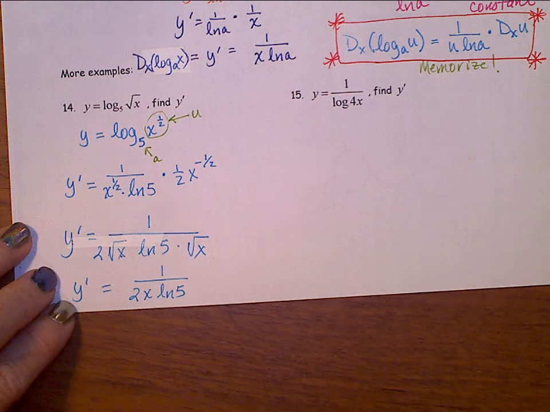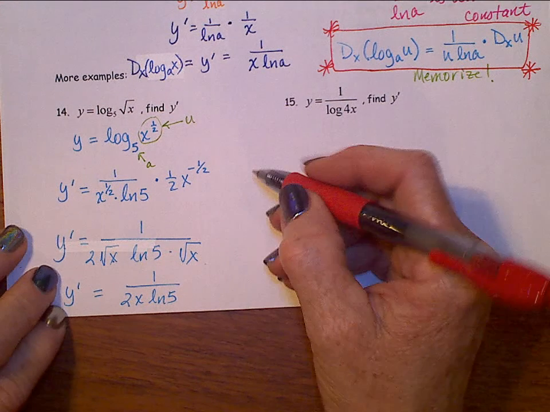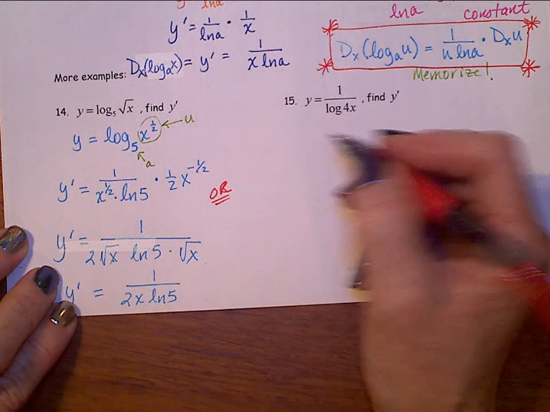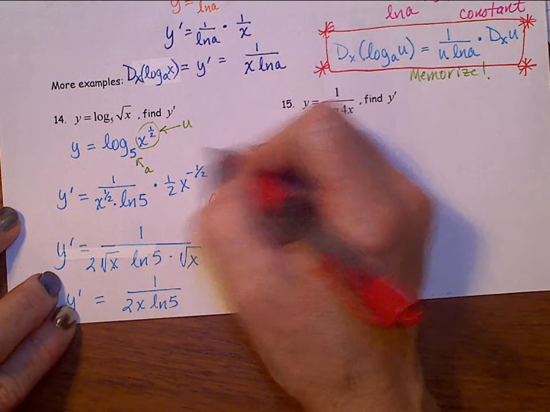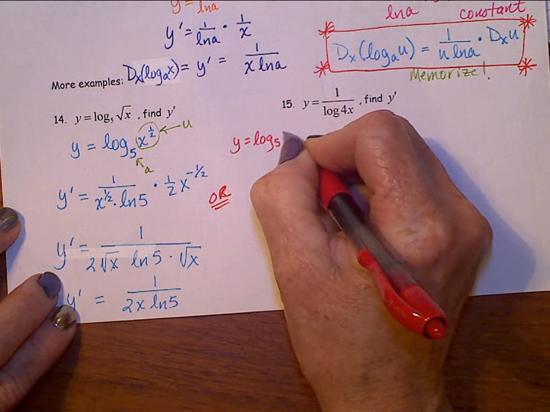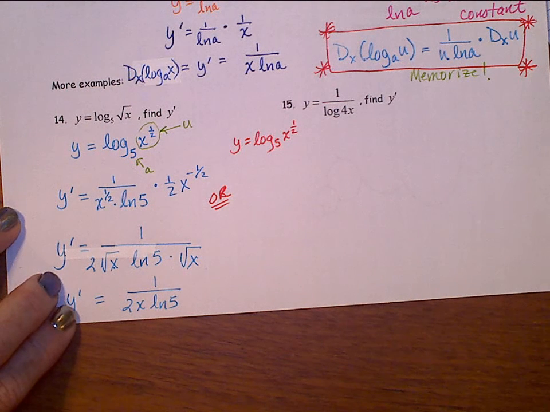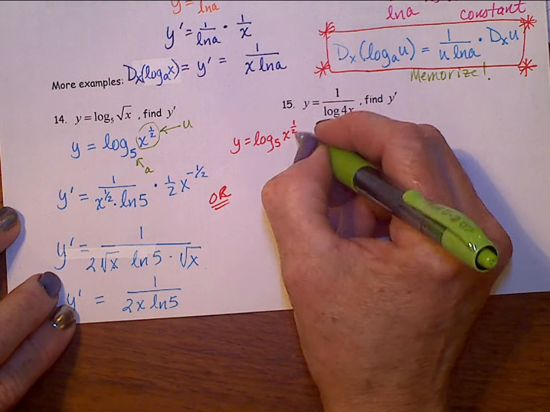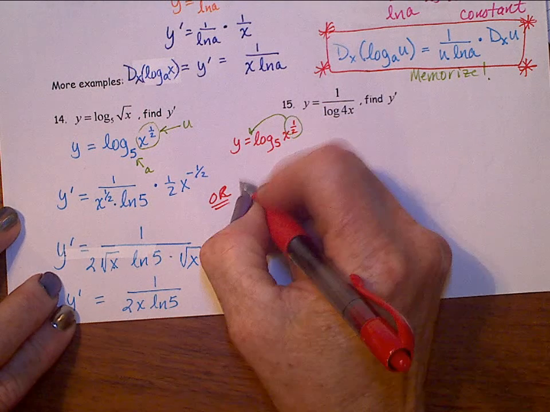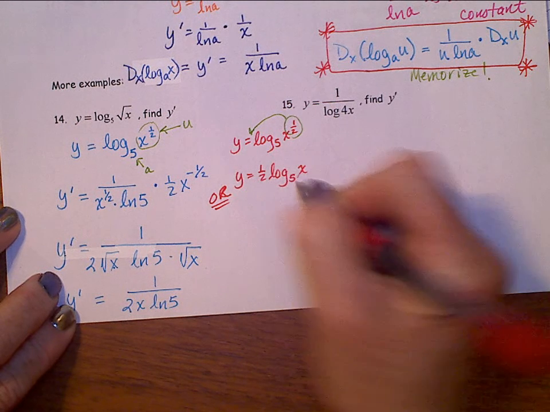All right? Now, there's another way to do this if you use your log rules. So it's completely acceptable if I start right here, y equals log base 5 of x to the half, using that leaping exponent idea from pre-calc. This half can pull down in front, so we'll have y equals 1/2 log base 5 of x.